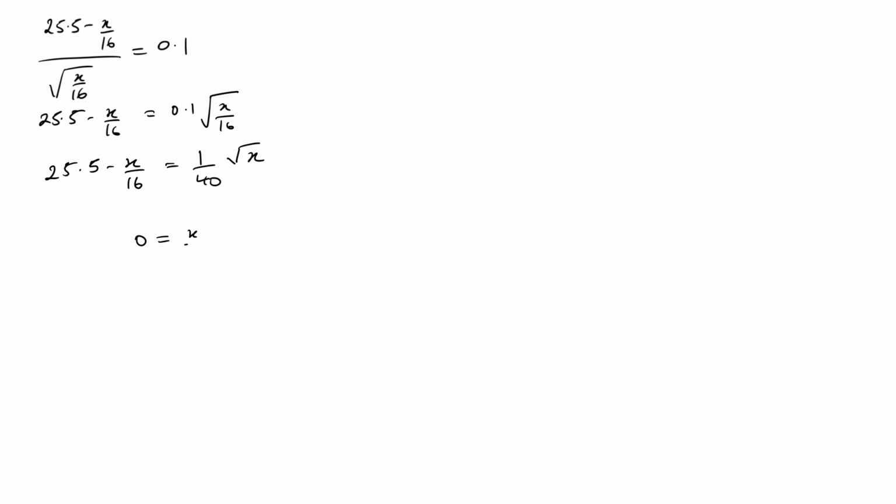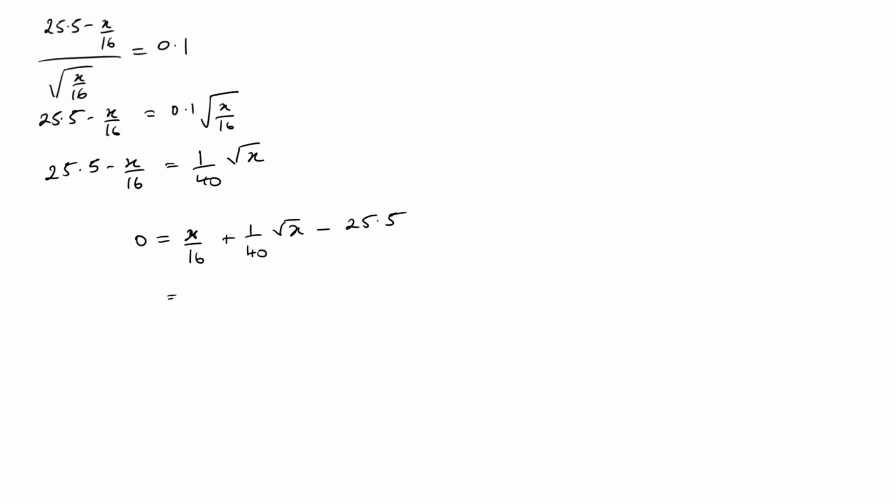So x over 16 plus 1 over 40 root x minus 25.5. So you could just put it straight in your calculator like this to solve this. It's a quadratic, but you've got x to the power 1, x to the power half instead.